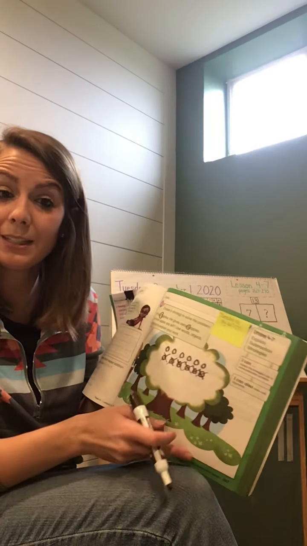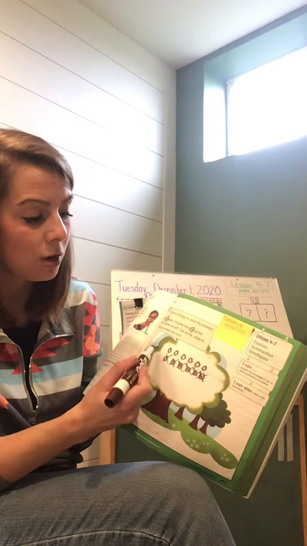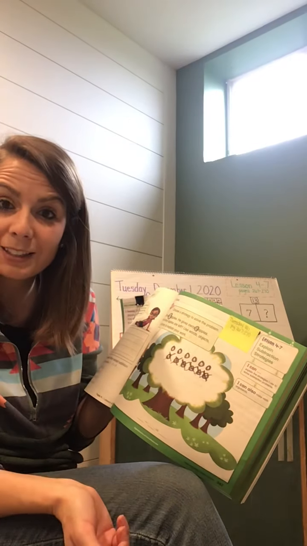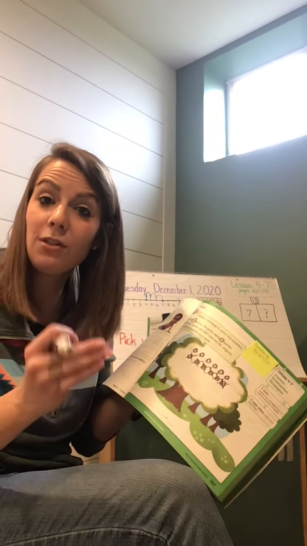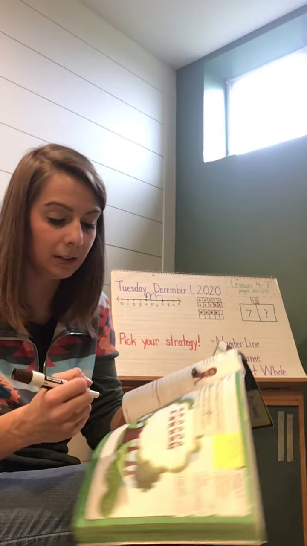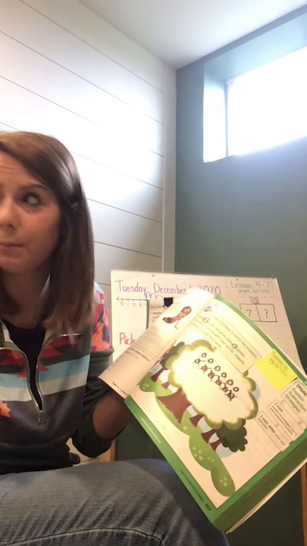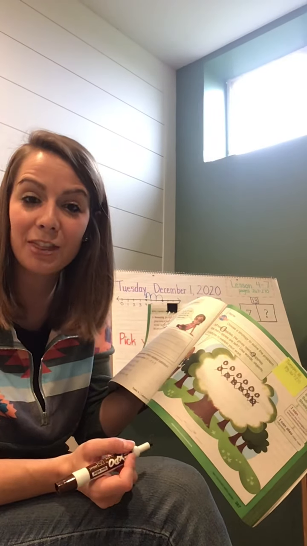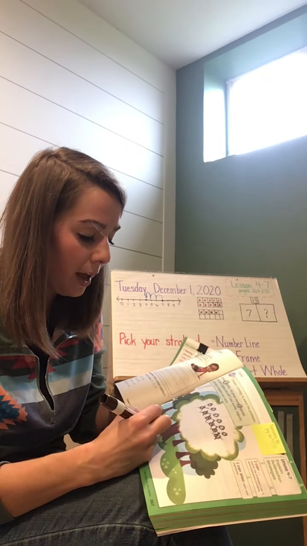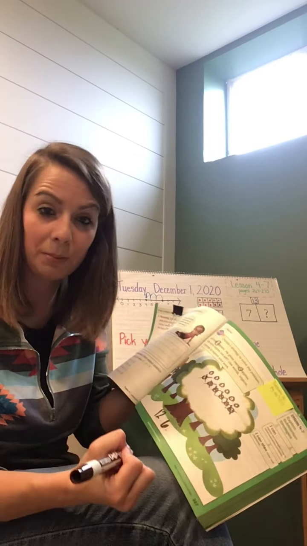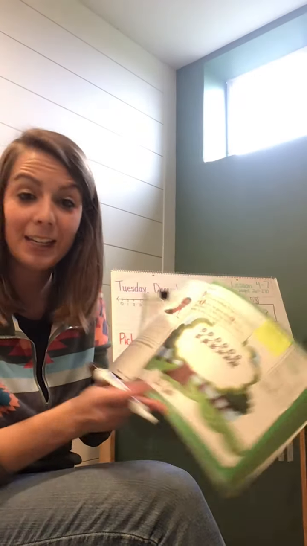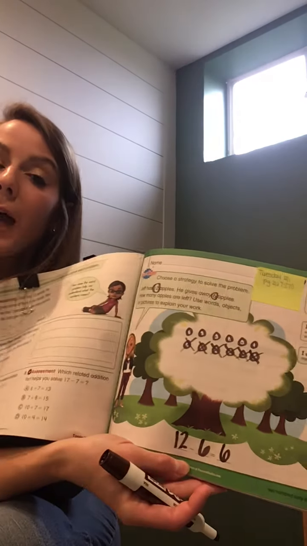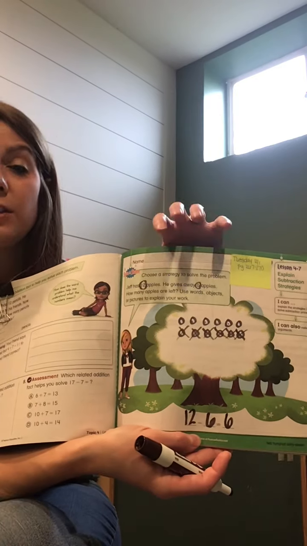Good. Now let's see how many he has left. 1, 2, 3, 4, 5, 6. Yes, so I know that even though he got rid of 6, he still has 6 left. So my subtraction sentence at the bottom would be 12 minus 6, because he got rid of 6, and he is still left with 6.